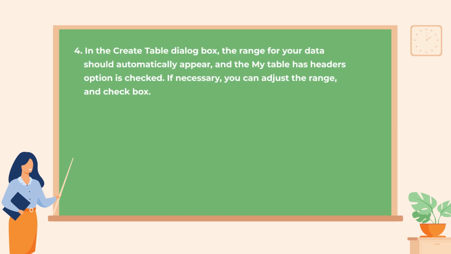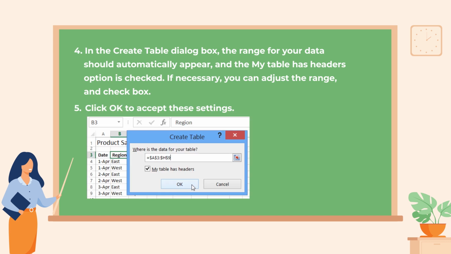In the Create Table dialog box, the range for your data should automatically appear, and the My Table has headers option is checked. If necessary, you can adjust the range and checkbox. Click OK to accept these settings.